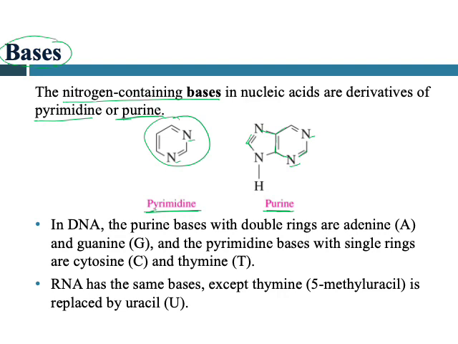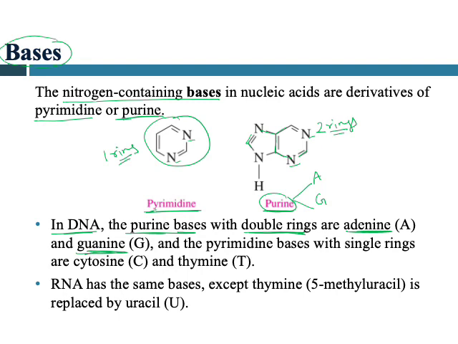In DNA, purine bases have double rings, meaning purines have two fused rings that I just told you about, whereas pyrimidines have only one nitrogen-containing ring. Purines are of two types, A and G. A is adenine, G is guanine.